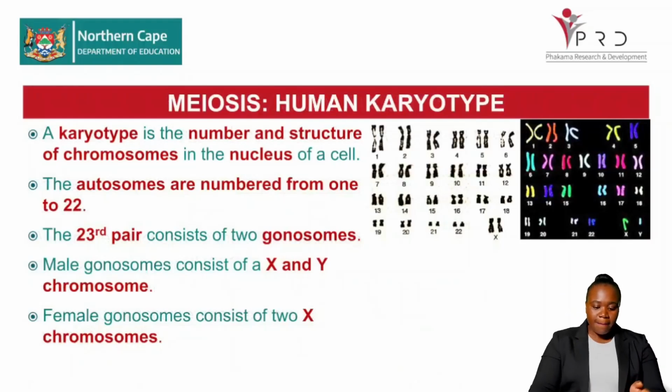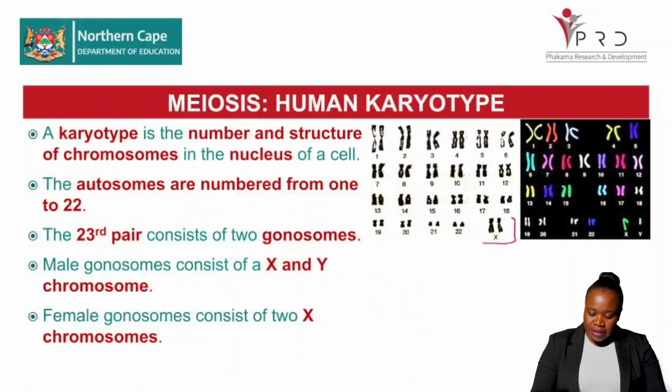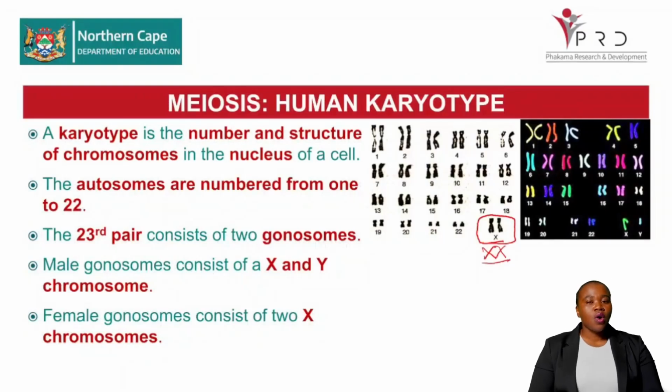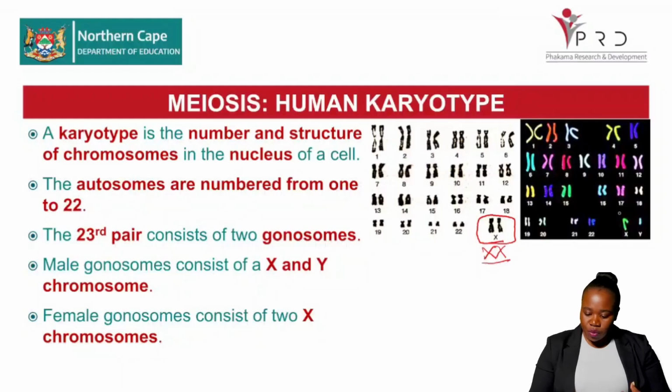Next, we have meiosis. Right, with meiosis, we first look at the karyotype. Right, so with the karyotype, remember, you should be able to differentiate between a male karyotype and a female karyotype. This is a female karyotype because we have XX chromosomes on our gonosomes, right? Our sex chromosomes are XX. On the male karyotype, you would identify this by seeing the XY.